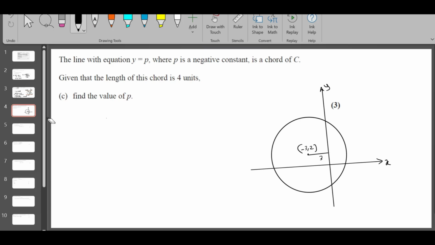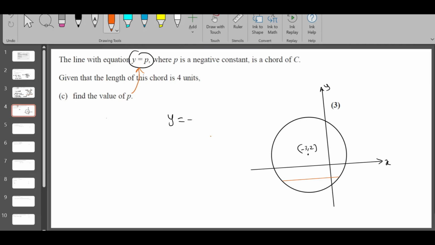Now we have a chord y equals a negative number, so it has to be a line parallel to the x-axis. The chord is parallel to the x-axis because the equation is y equals a constant, right? So let's take the chord somewhere here.